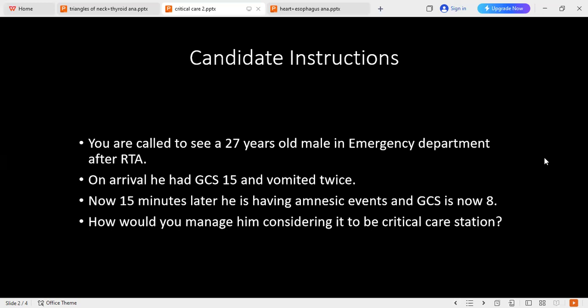Glasgow Coma Scale less than 13, or a decrease in the Glasgow Coma Scale from 15 after 2 hours from presentation, or depressed fracture of the skull, or signs of skull base fracture, which are Battle sign, raccoon eyes, or CSF leak from rhinorrhea or otorrhea. Also if the patient is above 65, has a bleeding disorder, or vomiting more than 2 times, or any sign of increased blood pressure or neurological deficit.